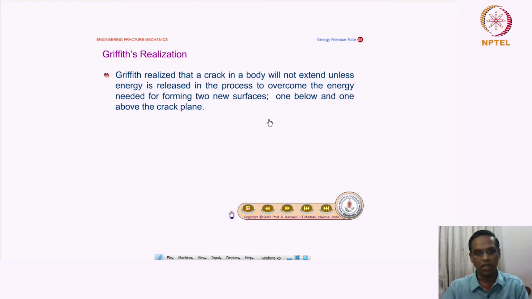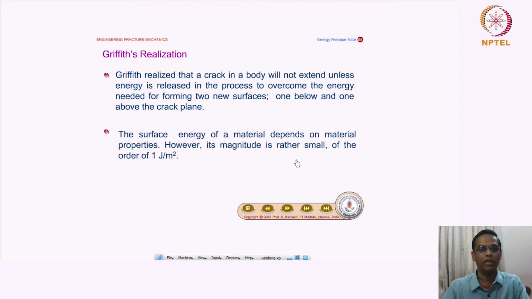He's not just thinking about the crack alone. He's bringing surface energy nicely into the crack problem, saying that if you look at the geometry, the crack contains two new surfaces. To create such two new surfaces requires some energy, right? That is how he interprets it.